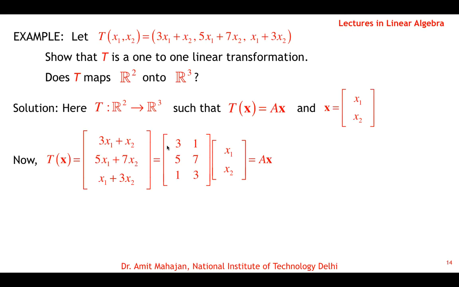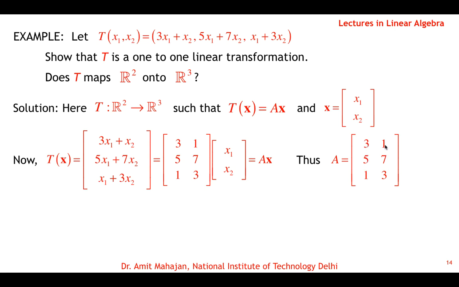Now the first question is whether T is a one-to-one linear transformation or not. A is the matrix with first column (3, 5, 1) and second column (1, 7, 3), and the theorem says that a mapping is one-to-one if the columns are linearly independent.